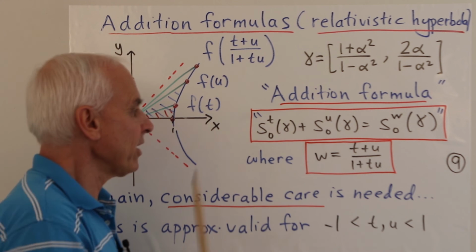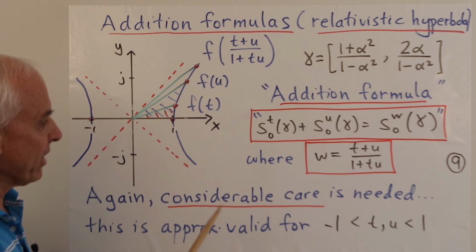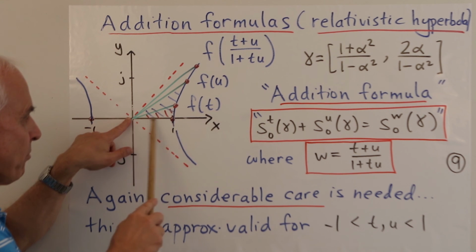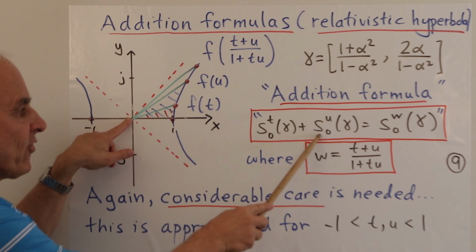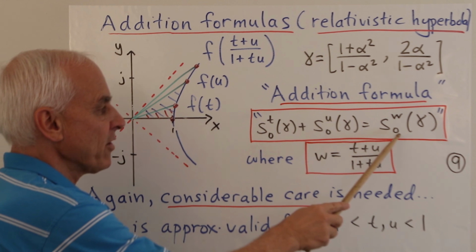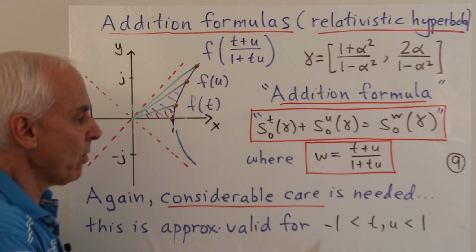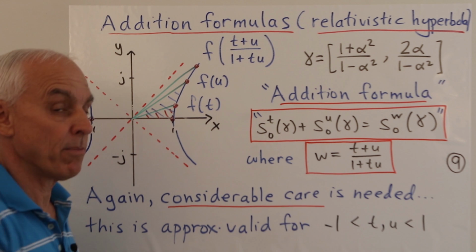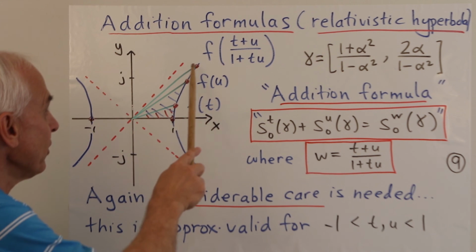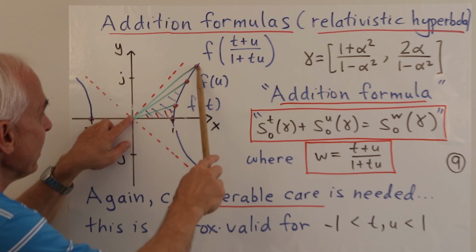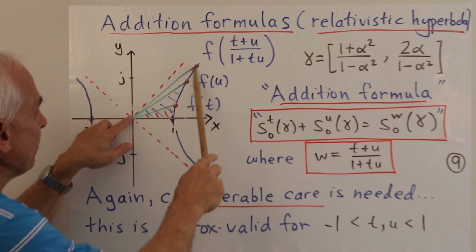And the addition formula is that the signed area from 0 to t of gamma, so this red portion there, plus the signed area from 0 to u of gamma, that's the blue portion up there, equals the signed area from 0 to w of gamma, where w is this number t plus u over 1 plus tu. So in other words, the sum of these two is this bigger signed area swept out there.